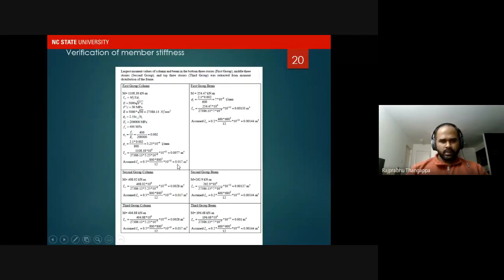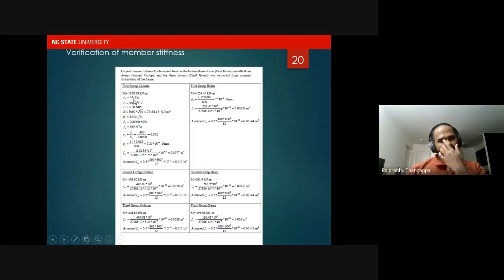So you can see here that the assumed stiffness is much higher than the actual stiffness. So the actual stiffness is based on the moment demand, which is a result of the application of lateral loads. So there is a discrepancy between the assumed stiffness and the actual stiffness from the demands.